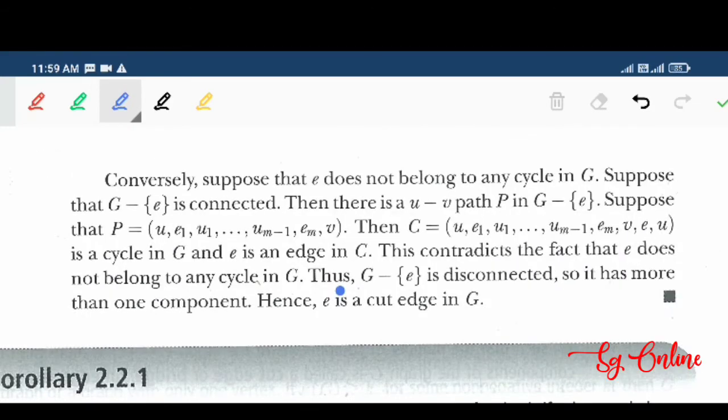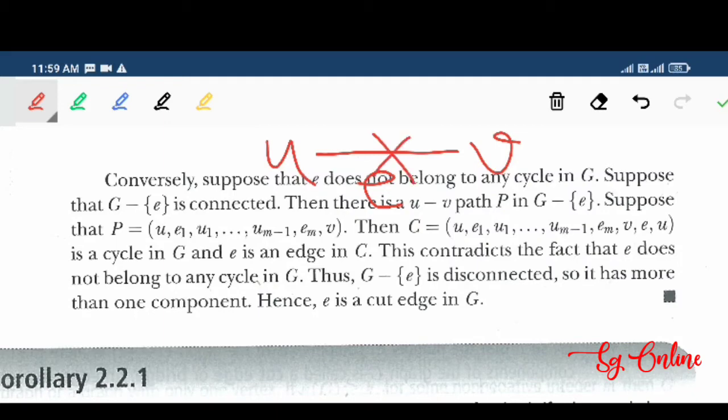Now conversely, suppose E does not belong to any cycle, and we prove that E is a cut edge. We prove it this way: suppose E does not belong to any cycle, and also after deletion of this edge, the graph remains connected. If E is an edge and its endpoints are U and V, and after deletion of E the graph is not disconnected, then there must be a path between U and V which does not involve E, and that path with the edge E in the original graph forms a cycle.